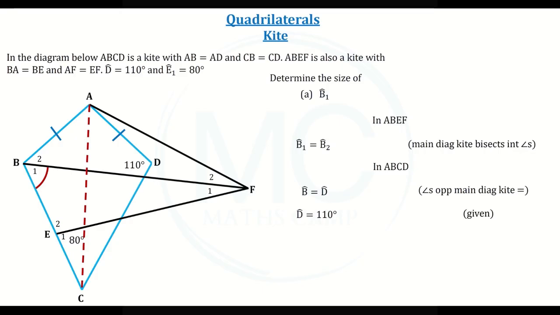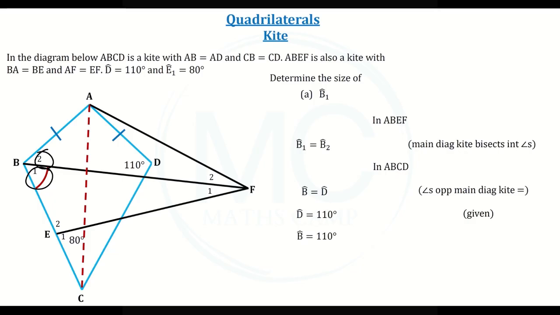If angle B is equal to angle D, then the whole of angle B is equal to 110 degrees. So we can say angle B will be equal to 110 degrees. At the beginning of this question, we found that angle B is broken up into two equal halves, B1 and B2.